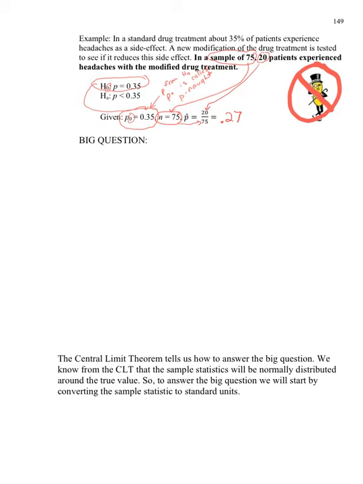But we know from the central limit theorem that sample percentages are going to be normally distributed around the true percentage, which equals 0.35 if the null is true. So sample percentages are going to be normally distributed around that 0.35. We got a sample percentage of 0.27.